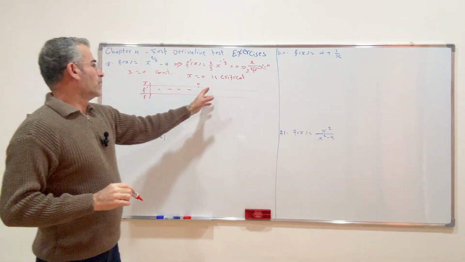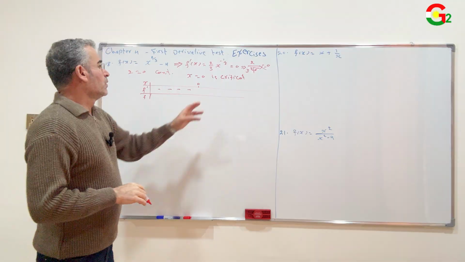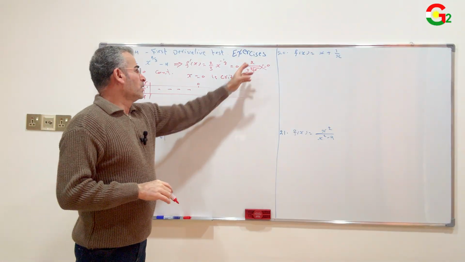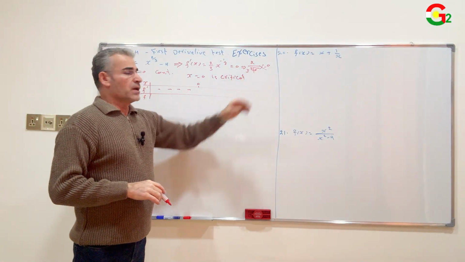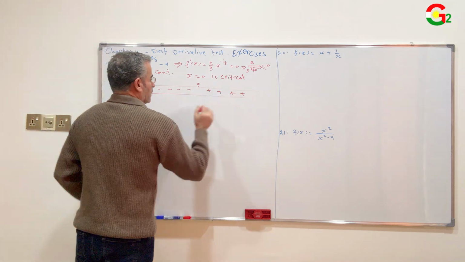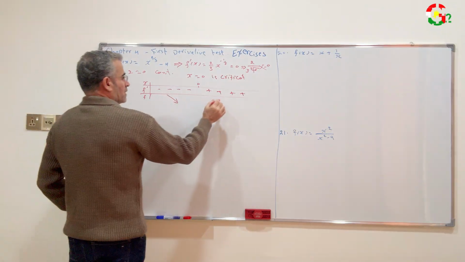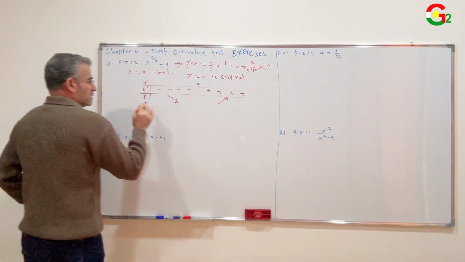Value. When x is greater than 0, then take 1: 2 over 3 times the cube root of 1, a positive value. Then the function here is decreasing, here increasing.